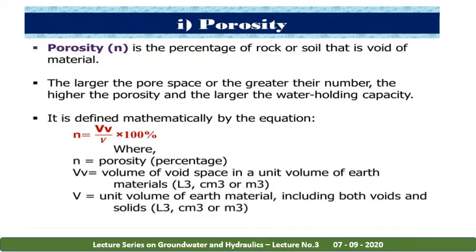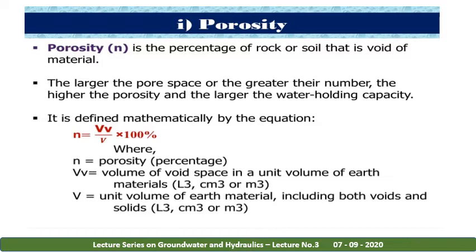Firstly, we will discuss porosity. It is denoted by small n, and it is the percentage of the rock or soil that is the void of a material. For example, if you have one material, it may be soil or rock.